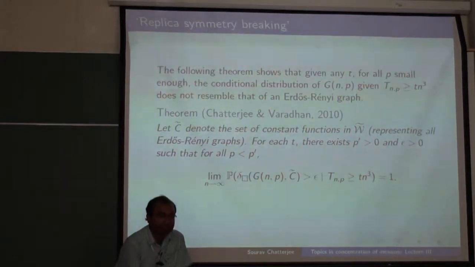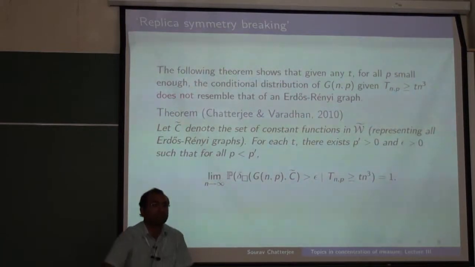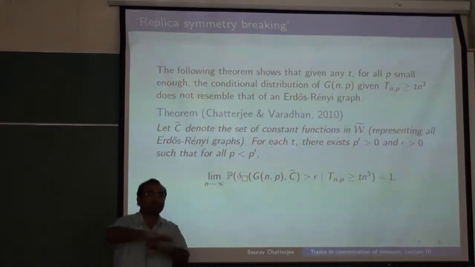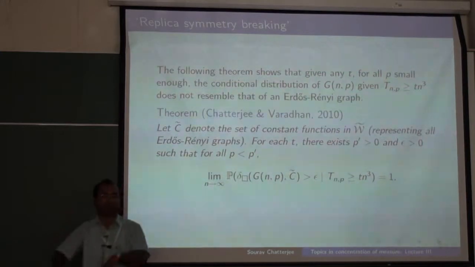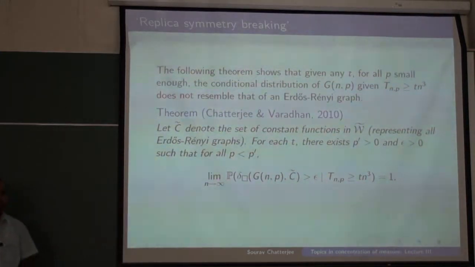You fix a t, if p is small enough, then given that GNP has more than Tn cubed triangles, you know that the GNP does not look like any Erdős-Rényi graph. It's far away from the set of all Erdős-Rényi graphs. But we don't know what it looks like. We know it's far away from all Erdős-Rényi graphs. So there are regimes where that formula doesn't hold.